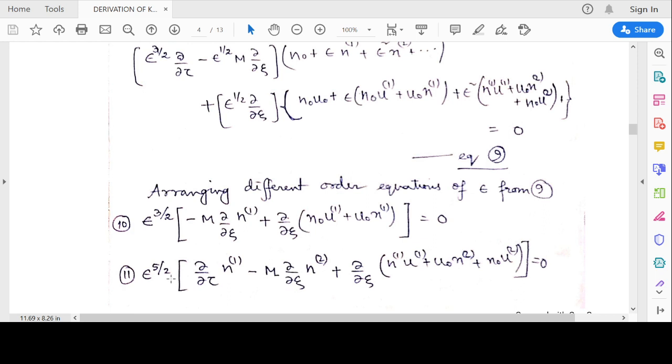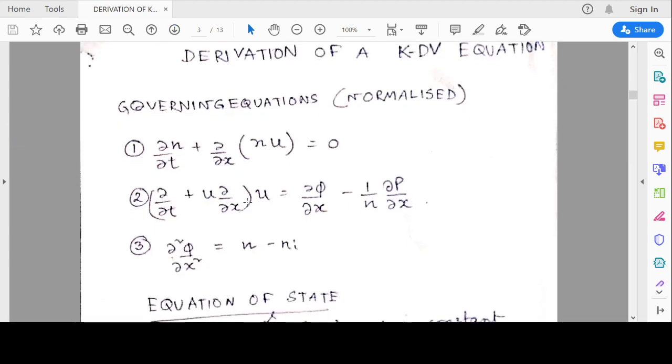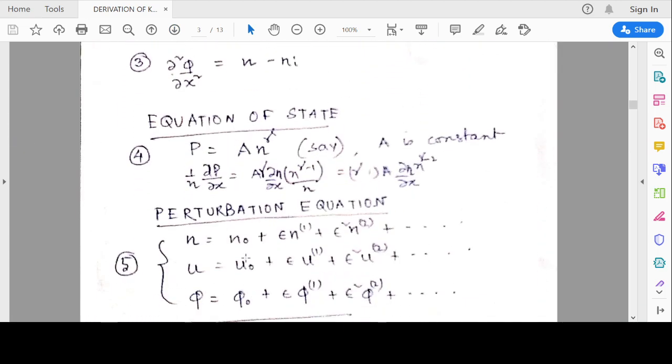And for the next higher order, you see we haven't taken epsilon to the power 3 by 2 or 2 square because that won't come here. Had the perturbation expansion had a different series, of epsilon to the power half, epsilon to the power 3 by 2, or all the odd exponents of epsilon, then we would have got different orders there.